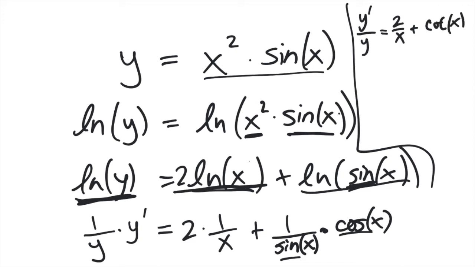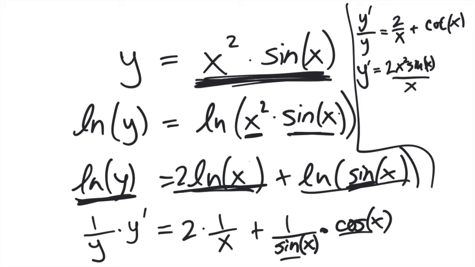Now get y prime all by itself, and you can move the y to the other side. You can even substitute back in for y the fact that you have an x squared times a sine of x. So y prime here ends up being 2 times x squared times the sine of x all over x plus x squared times the sine of x times the cotangent of x.